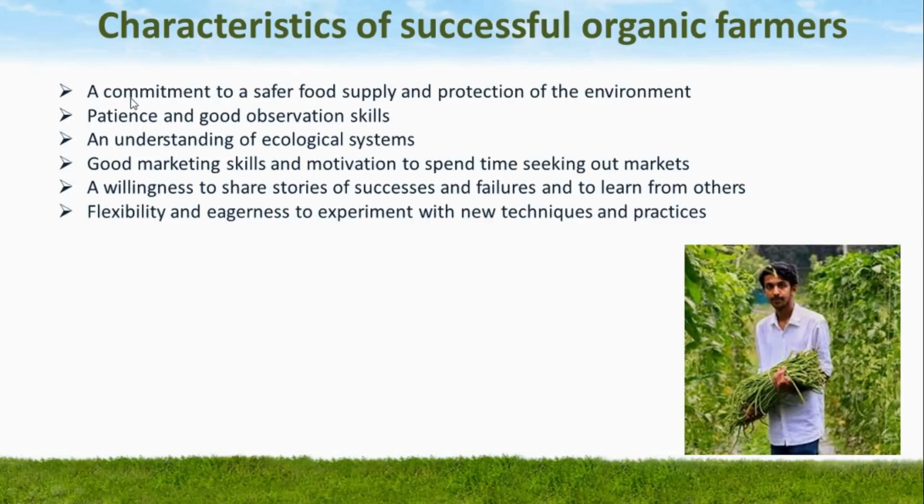A successful organic farmer must have commitment to a safer food supply and protection of the environment, patience and good observation skills, and understanding of ecological systems, good marketing skills and motivation to spend time seeking out markets, a willingness to share stories of success and failures and to learn from others, as well as flexibility and eagerness to experiment with new techniques and practices.